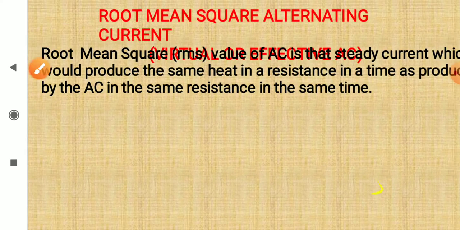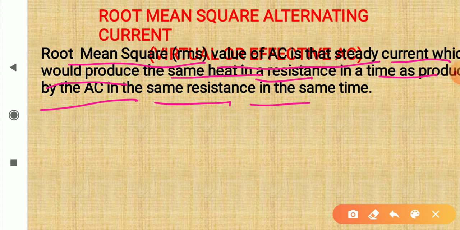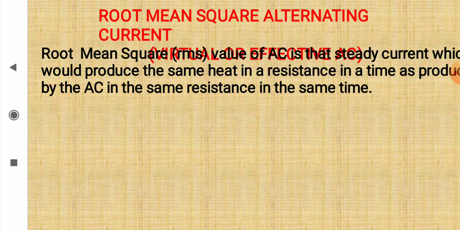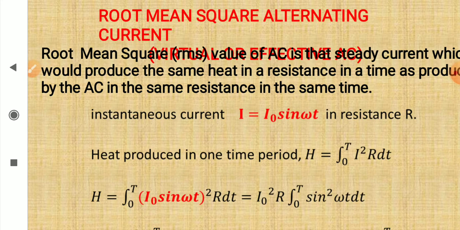Okay. So root mean square value or RMS value of AC is that steady current which would produce the same heat in a resistance in a time as produced by the actual AC in the same resistance and in the same time. Remember that it has to be the same time and same resistance. So let us try to find out a relation for it.